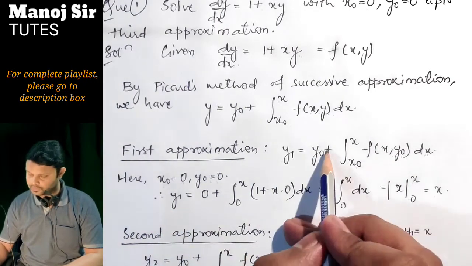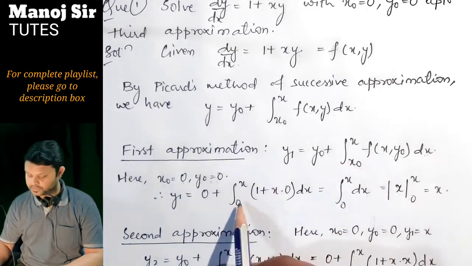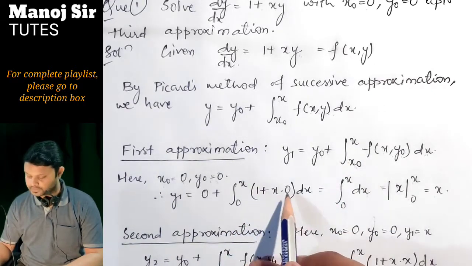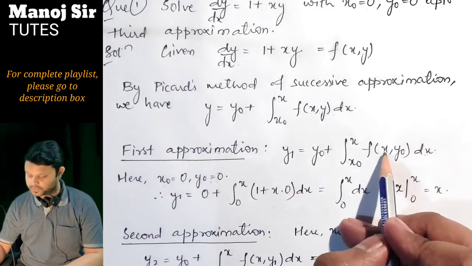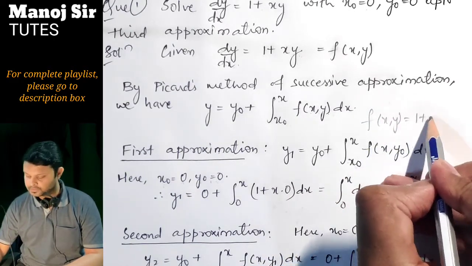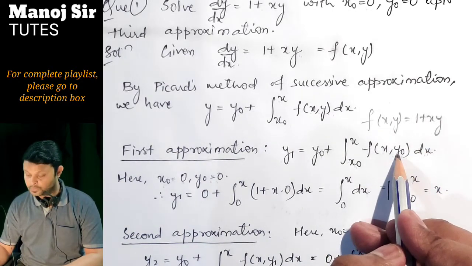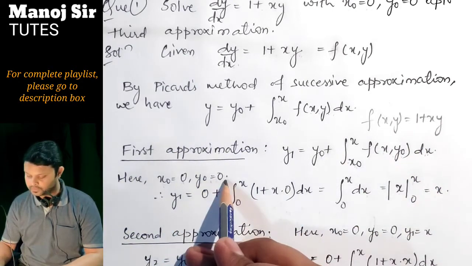So y1 equals 0 plus the integral from x naught to x, that is 0 to x, of 1 plus x into y. What is the function f(x, y)? That is 1 plus xy. In place of y we need to put y naught, and the value of y naught is 0.